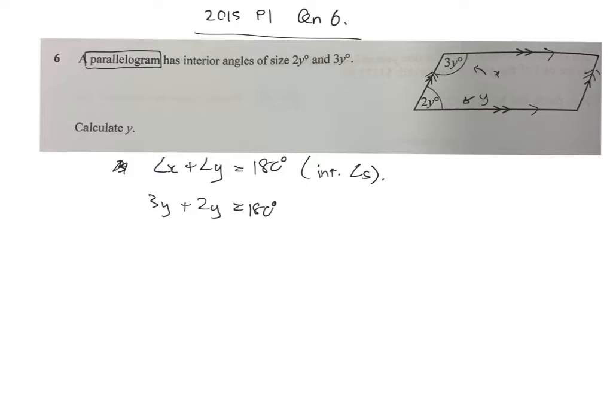Okay, so like in a lot of maths, as I was saying, a lot of maths involves you using a property or concept to form an equation like this. Okay, so we formed it, now it's simply actually solving that equation. So adding up, 5y is 180, so clearly y must be divided by 5, right, which is 30? 36. Okay, that's it.